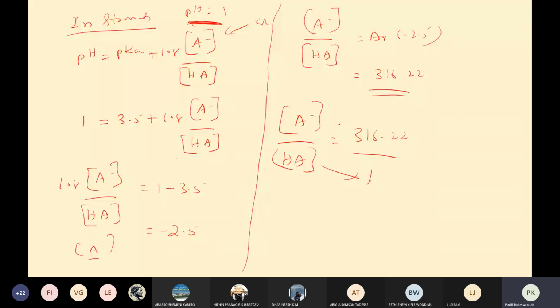So from this we can understand that this form is predominant here. And now coming to, sorry, I think not this form. I think we have made some mistake in the calculation.